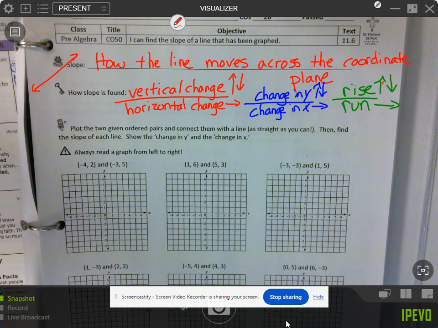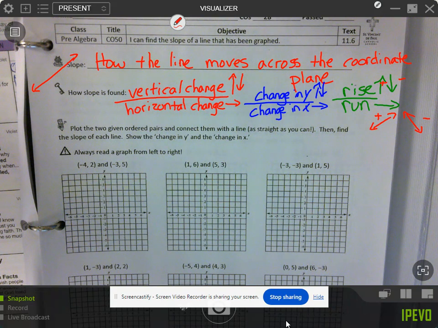So if we go up, it's a positive. If we're going down on the y-axis, it's going to be a negative. So sometimes our slopes are positive because our lines go up. Sometimes our slopes are negative, and a negative slope goes down.